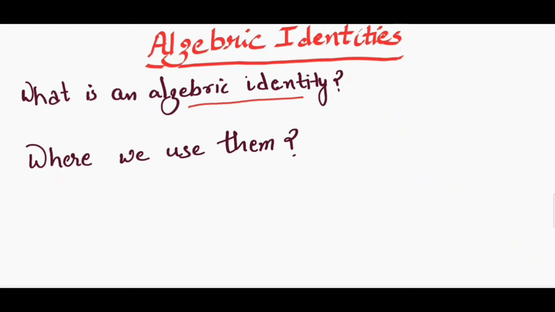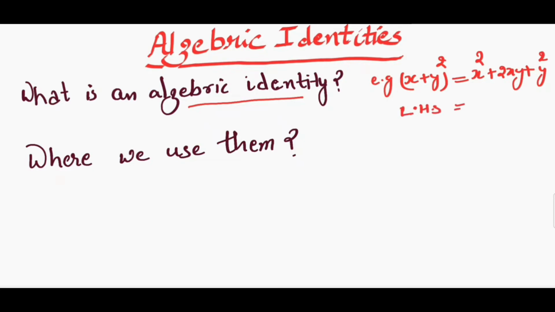For example, (x + y)^2 = x^2 + 2xy + y^2. Whatever the value of x or y, the left hand side is always equal to the right hand side. That's why this is an identity.